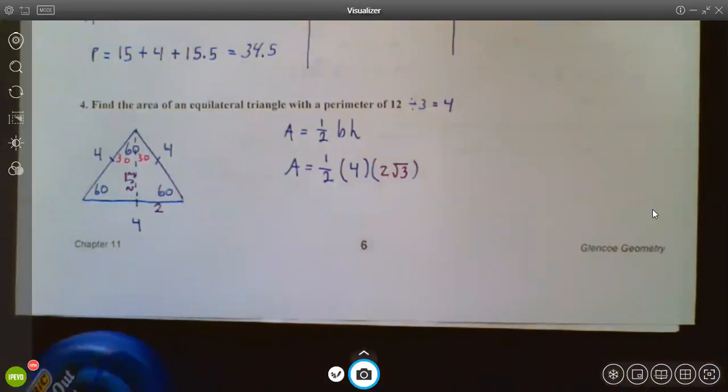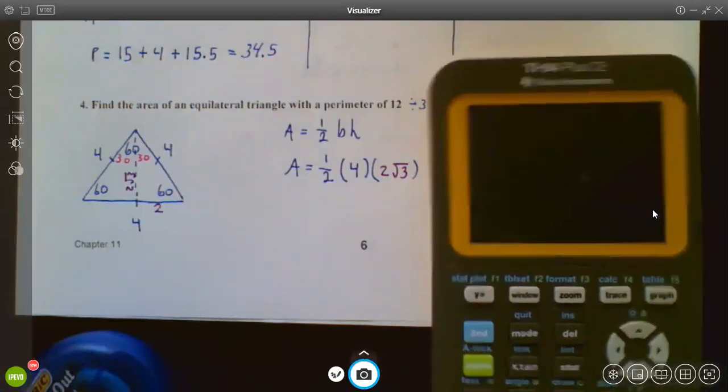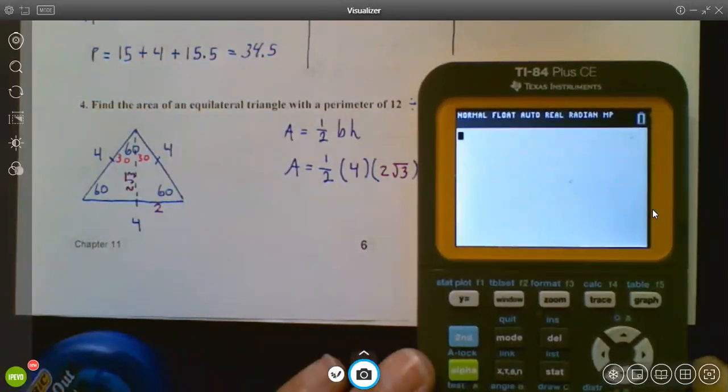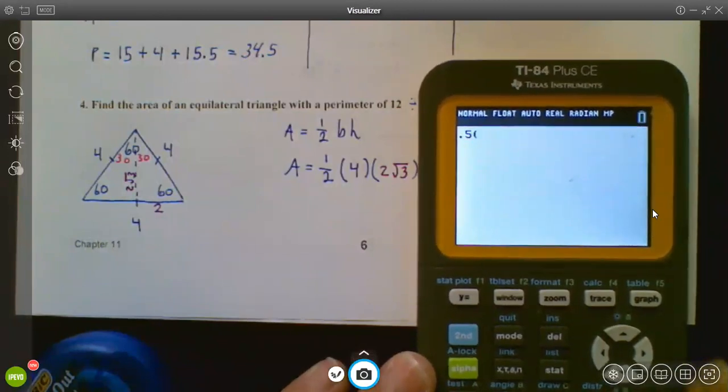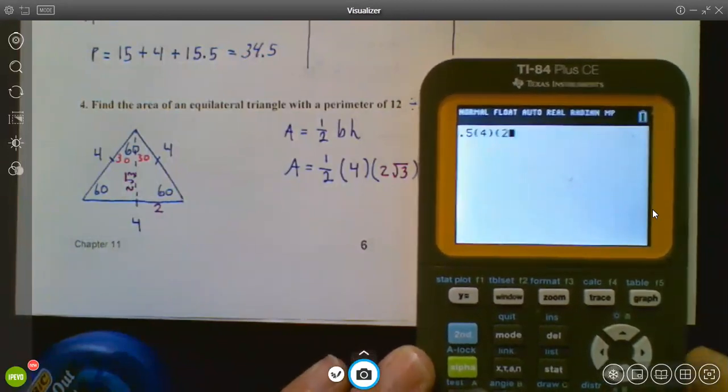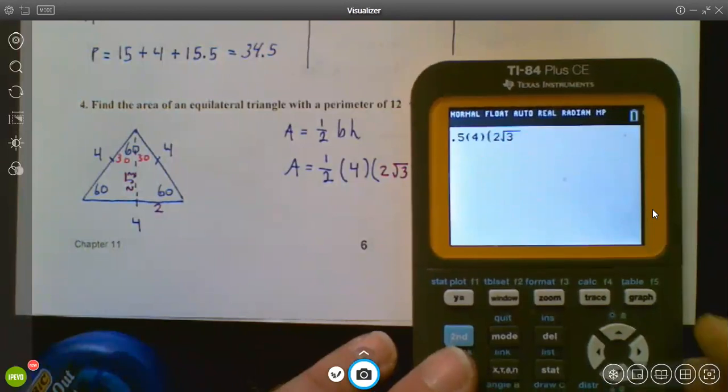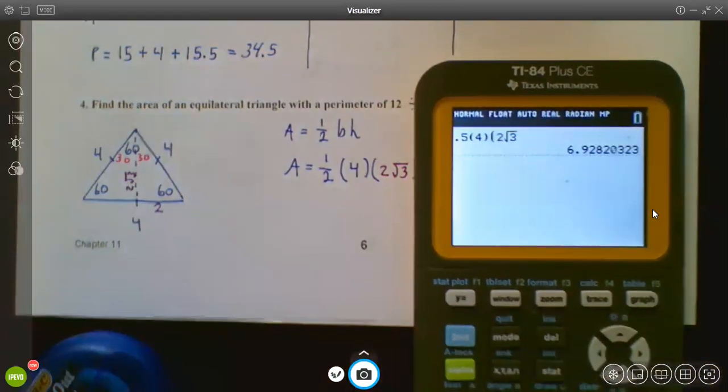Now we know our height. Now we could get that area. So if we round to the nearest tenth, we'd be looking at about 6.9.